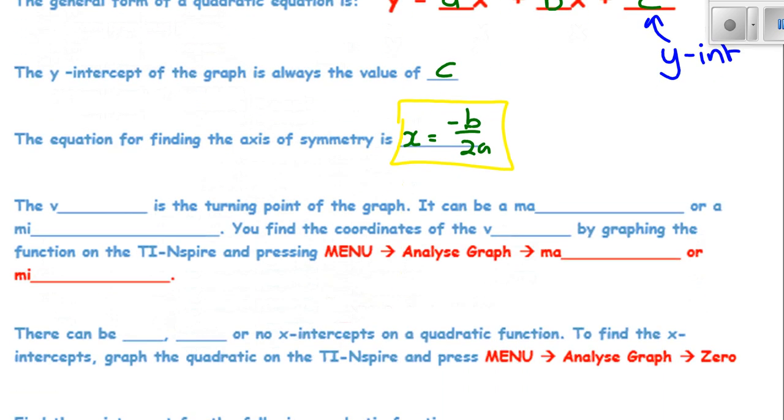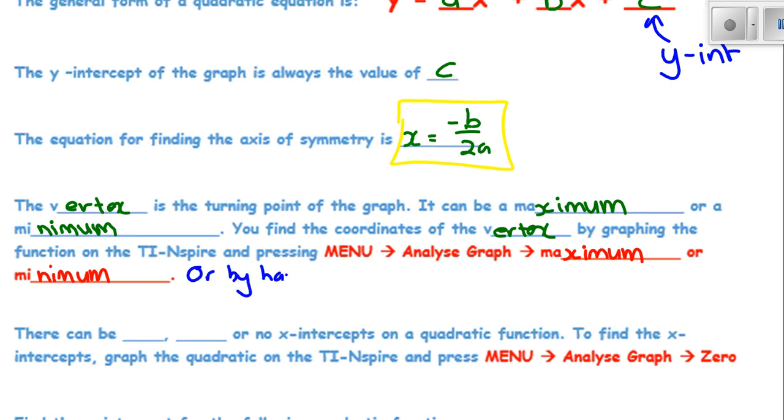Just reminding us again that the vertex is the turning point of the graph. It can be a maximum. As I said, I'm doing a bit of overkill here, but I really want you to make sure you know this, or a minimum. You can find the coordinates of the vertex by graphing the function on the TI-Nspire and pressing menu, analyze graph, and then maximum, choosing either a maximum or a minimum, because you would graph it to begin with, and you could decide by looking at the graph, does it have a maximum or a minimum? And you can do it all by hand.